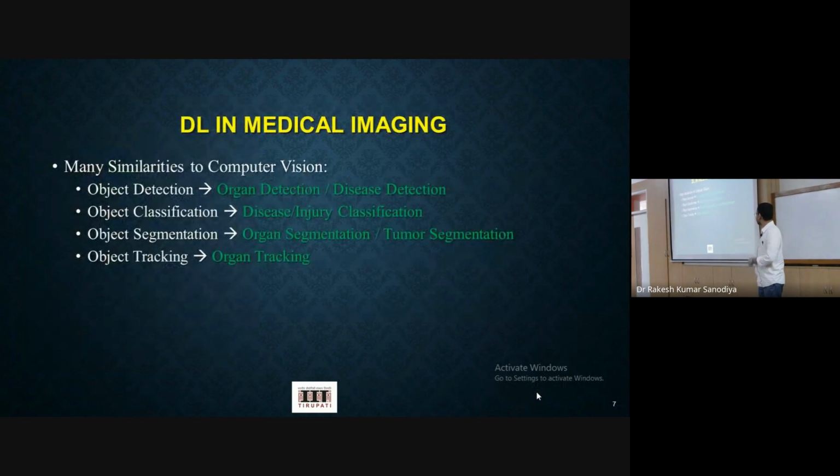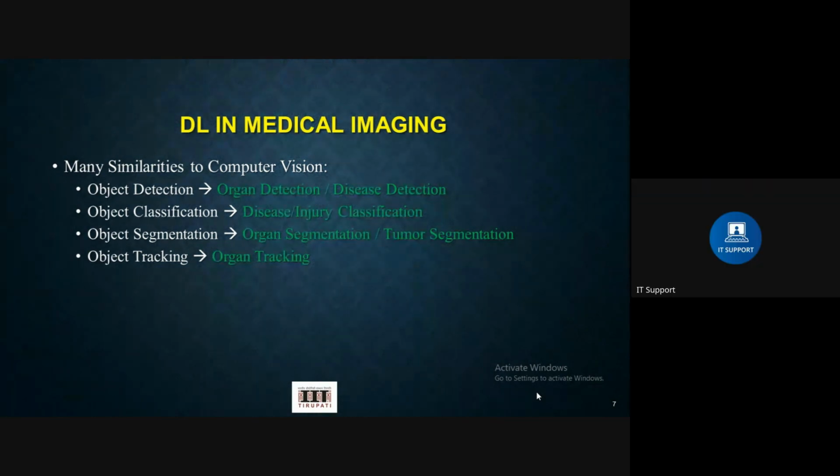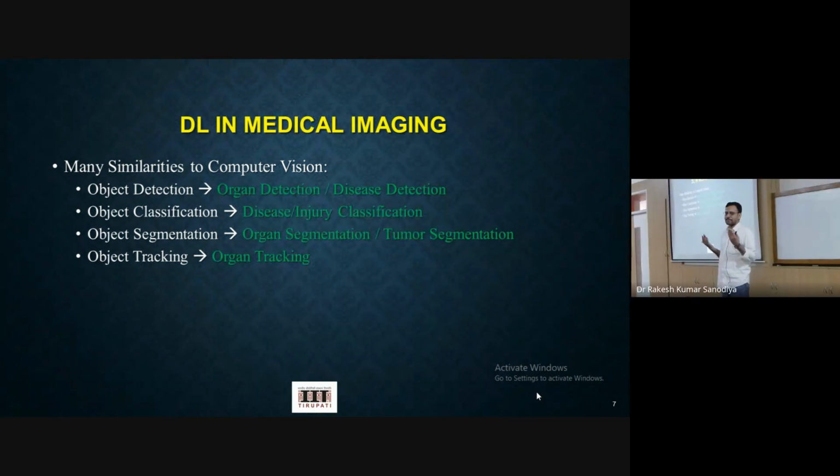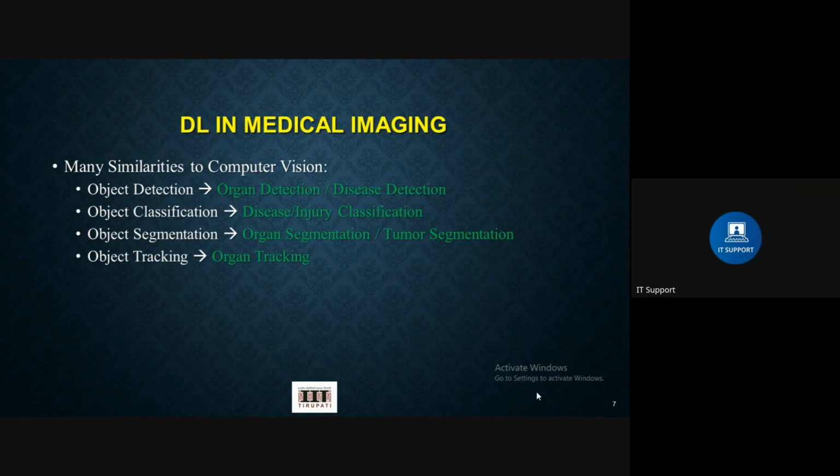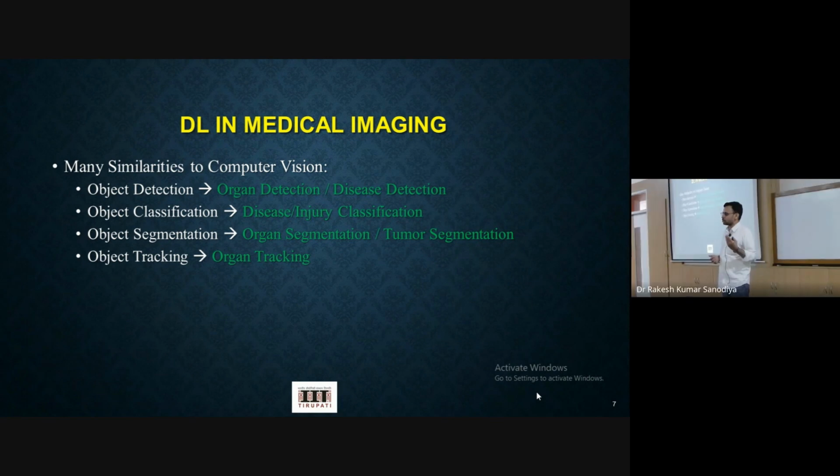Right. So I guess you have gone through quite a few presentations that talk about deep learning in computer vision. So since that is where most of the people will be working, I want to begin by drawing some parallels between what happens in computer vision versus what the problems are in medical imaging.